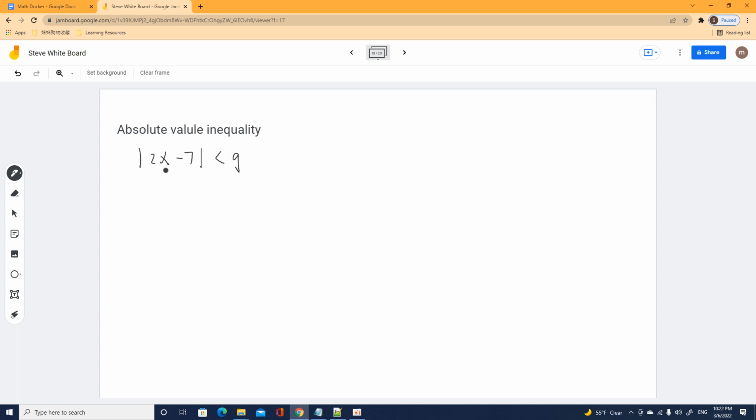When you see an absolute value inequality smaller than a number, you can write it down like this. So this is an and. So we get this and that. We solve it. For this one.